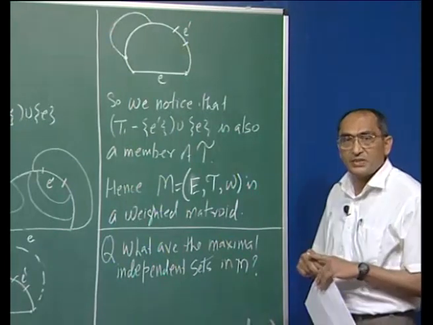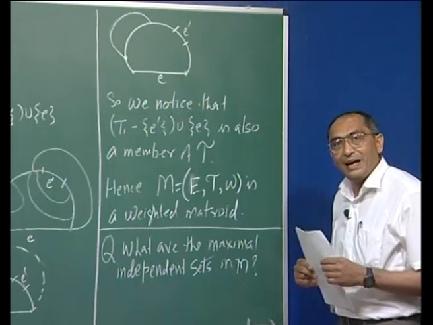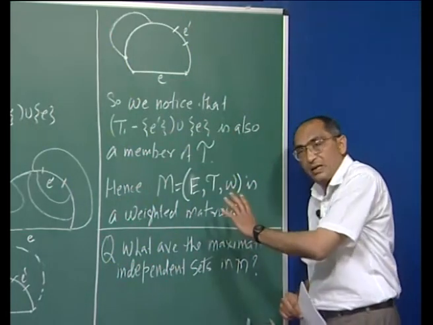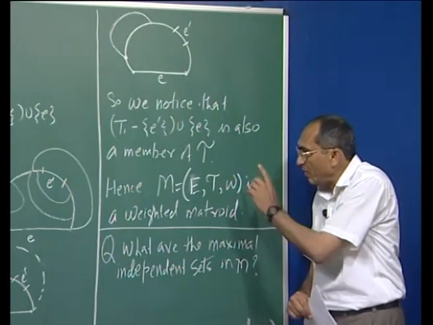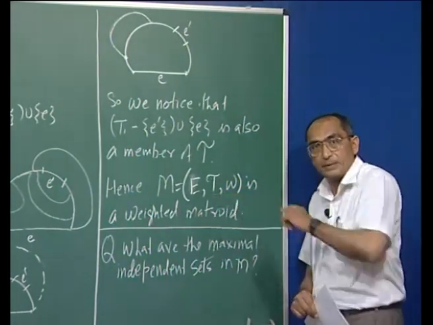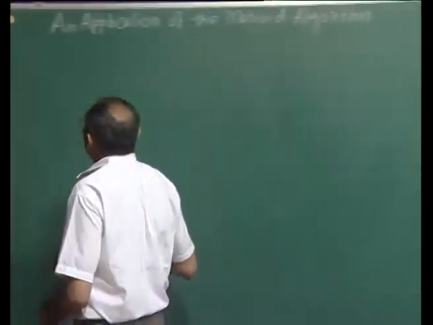Now, if my graph G is connected, then any spanning tree of my graph is a member of script T. It is an independent set. Okay. So, let us get back to some observation.